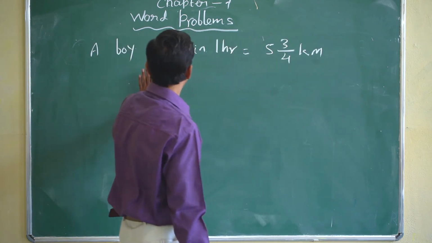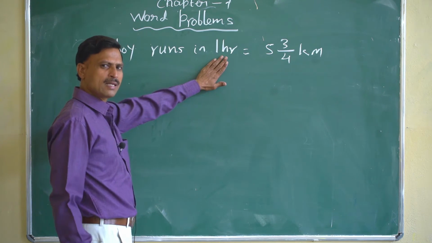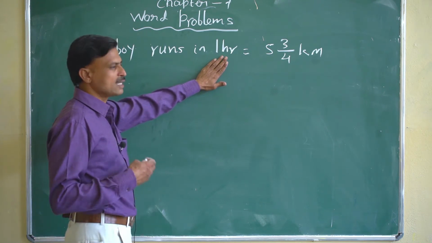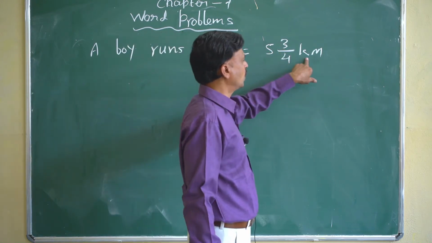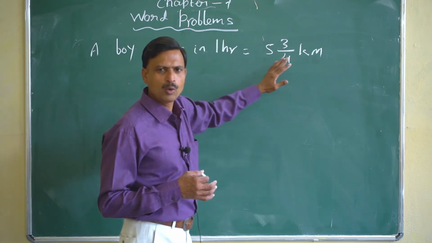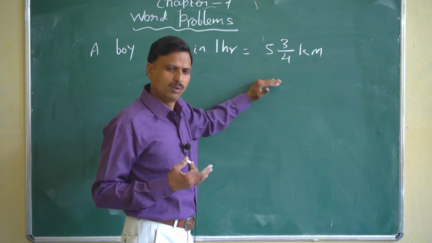Okay, so in 1 hour, how much distance is the boy covering? It is given 5 whole number 3 by 4 kilometer, and we have to find out in more hours, more than 1.